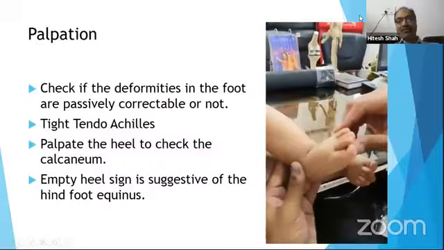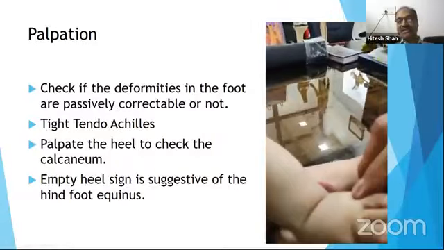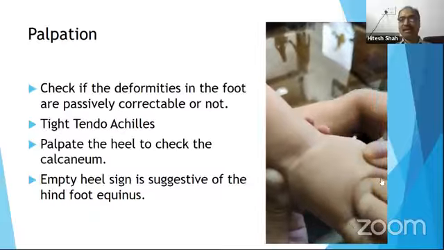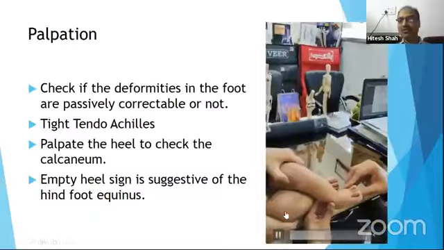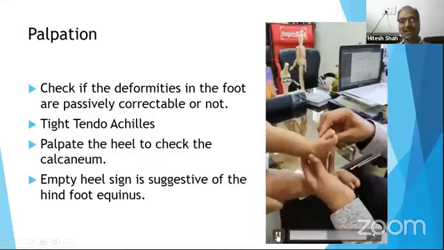The empty heel sign is suggestive of hind foot equinus. You can see it in palpation, and that has to be done in palpation.